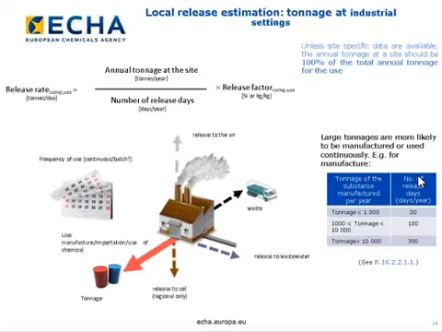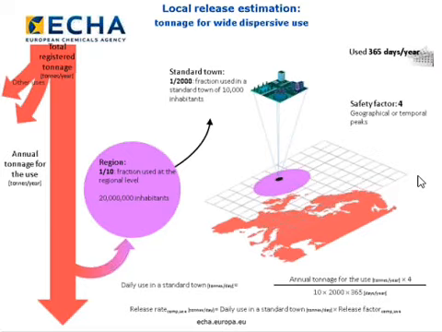And for widely dispersive uses, there are also some default assumptions about what the region is, and some factors are used to estimate an annual tonnage and later the daily use in a standard town.